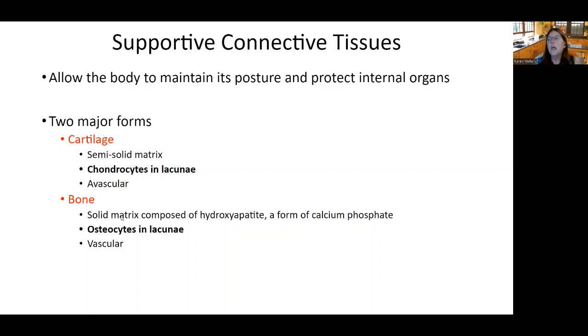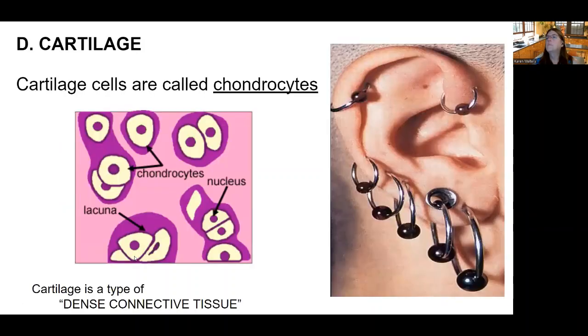Bone is a very solid matrix. You know that bone contains a lot of calcium, phosphorus, it's mineralized, at least the compact bone is mineralized. It's laid down by osteocytes, which also live in their little spaces called lacuna, but it is a vascular tissue. And when we get into studying the bone structure, there's a lot going on there.